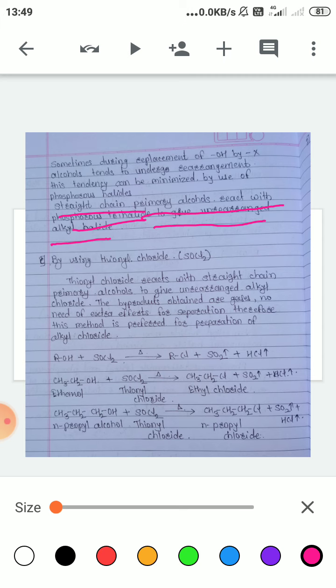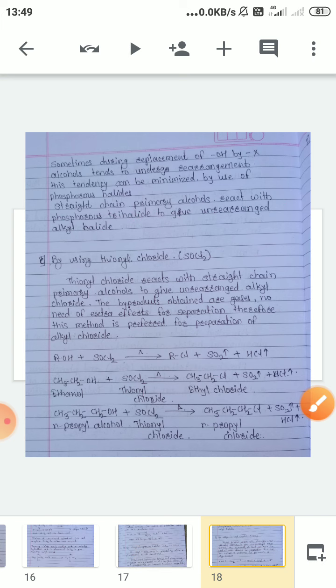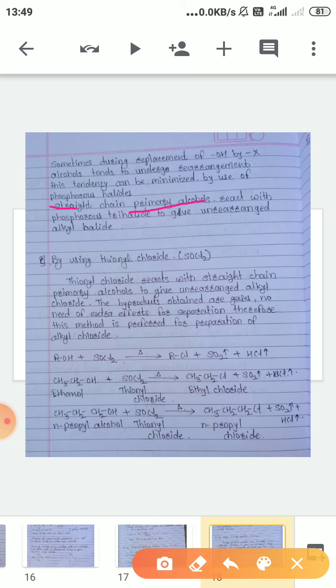Therefore, only straight chain primary alcohols undergo reaction to give unrearranged product, and generally we are using phosphorus halides for the preparation of alkyl halides, but only primary straight chain alcohols do not undergo rearrangement.